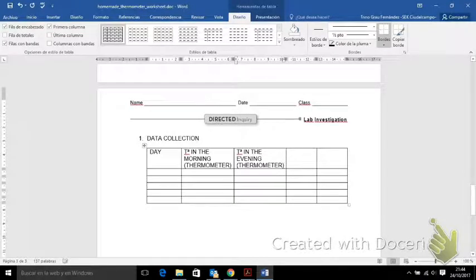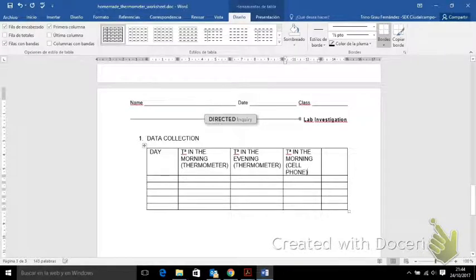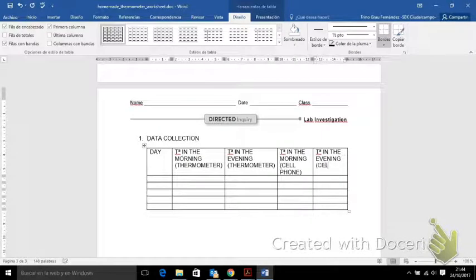Then temperature in the morning, the cell phone, and temperature in the evening with the cell phone.